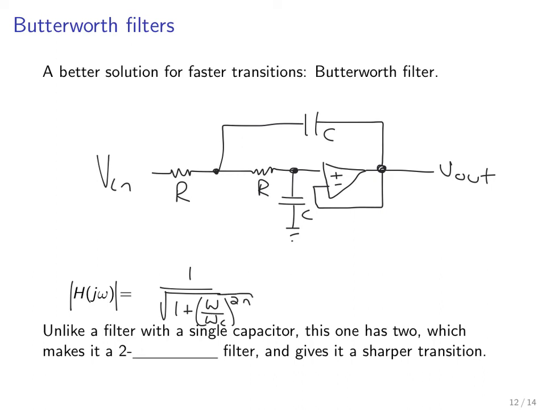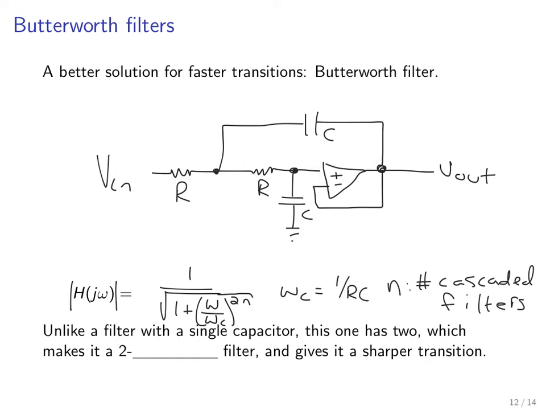Omega c here is equal to 1 over RC, as we've had before, and n is the number of identical filters with this cutoff frequency omega c that you string together.